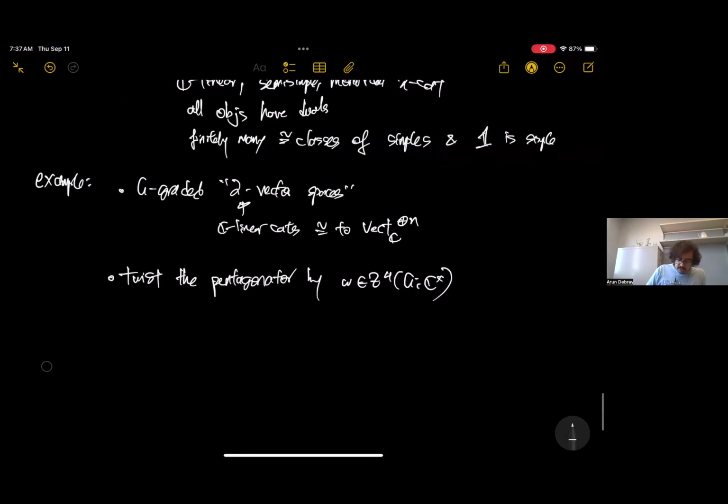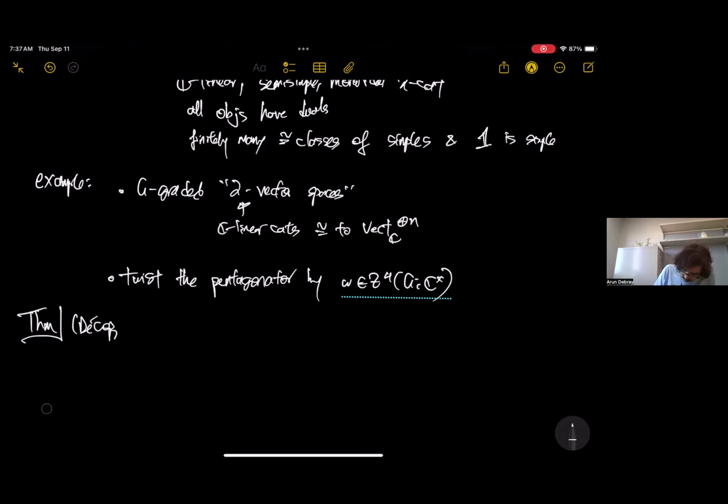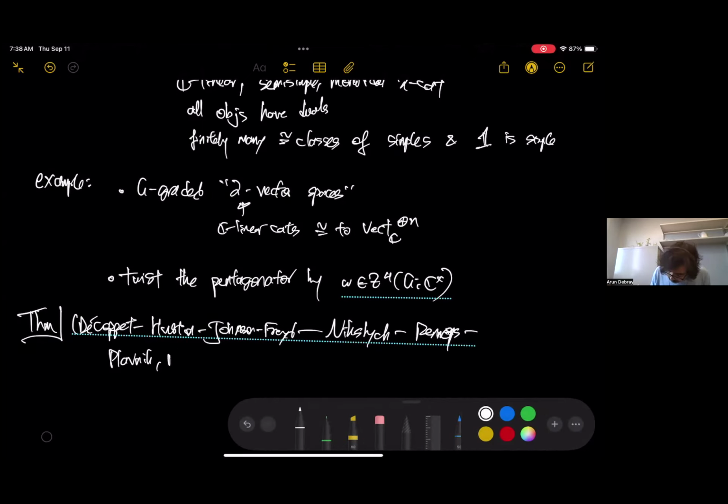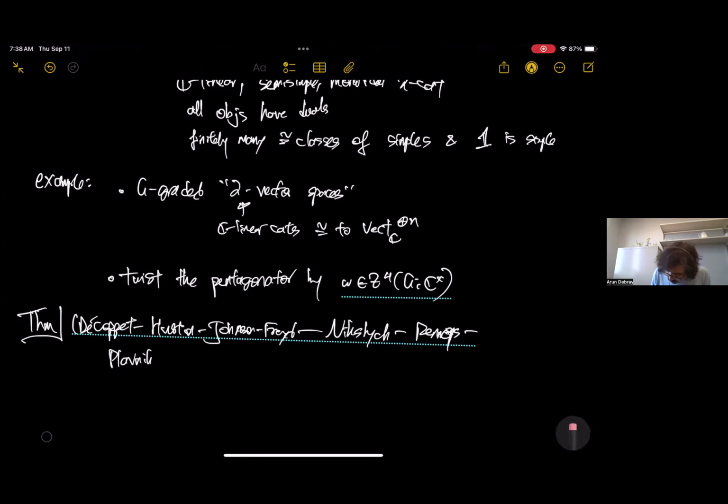Okay. So the theorem, which is astounding, it's really a classification theorem. Lots of people. And this is just from, I forget, I think it was earlier this year, but it may have been 24.